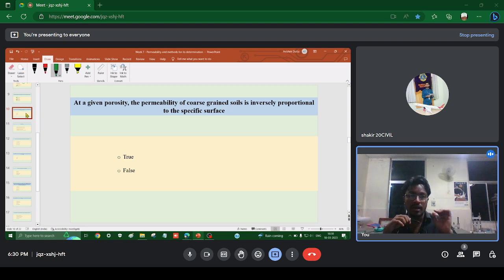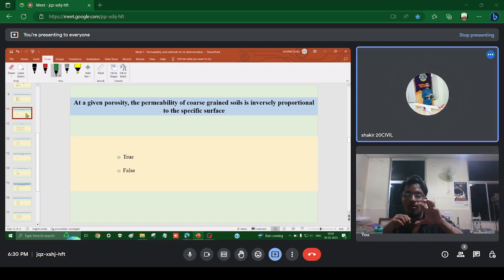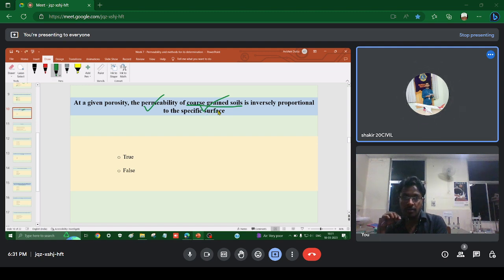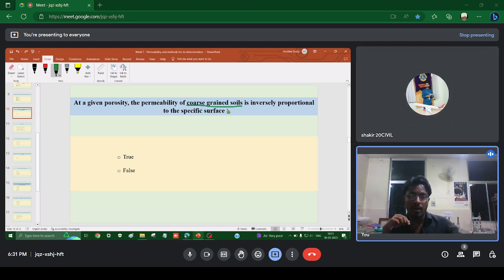Suppose I take 4 gram of soil. Then how much surface area am I getting for that 4 gram of soil? Surface area divided by 4 gram. And here I have mentioned coarse grained soil, so there was a hint in this question. Permeability, coarse grained soil, specific surface. For coarse grained soil, specific surface is low, isn't it?